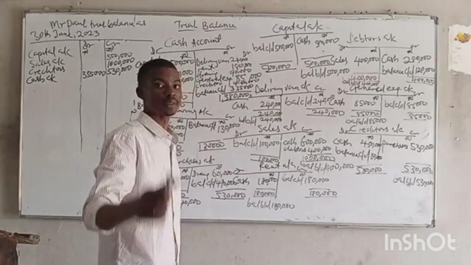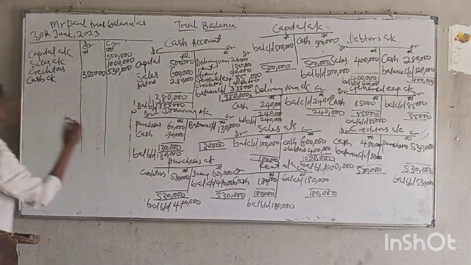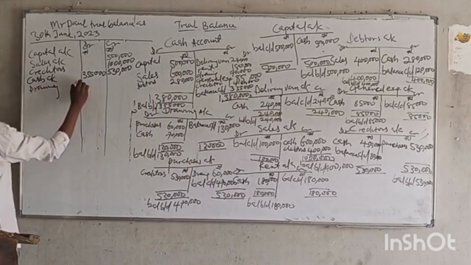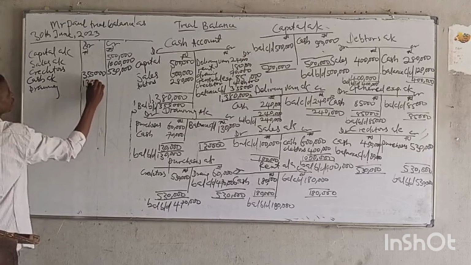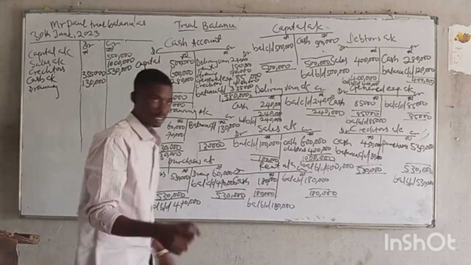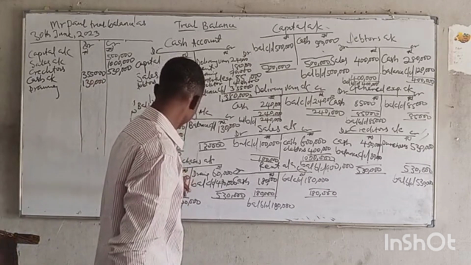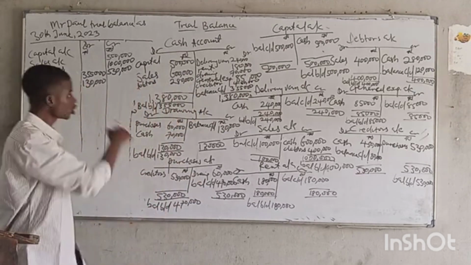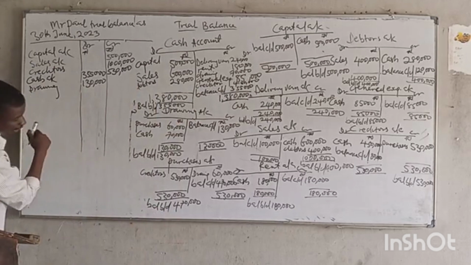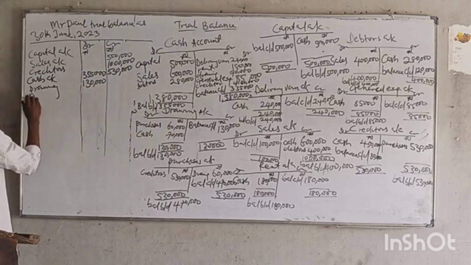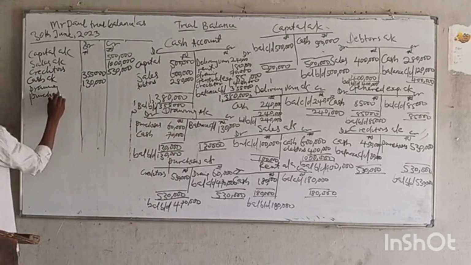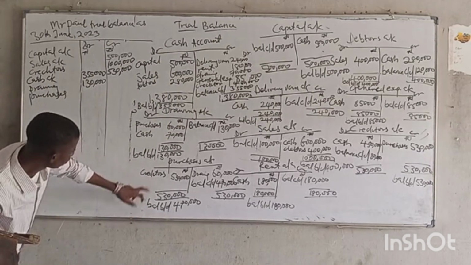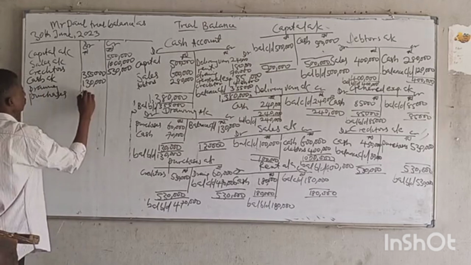It means it's going to be debited in the trial balance. So we say drawing, 130,000. The next account is purchases, and its balance brought down is also on the debit side, so it will also go at the debit side of the trial balance. We say purchases, 470,000.